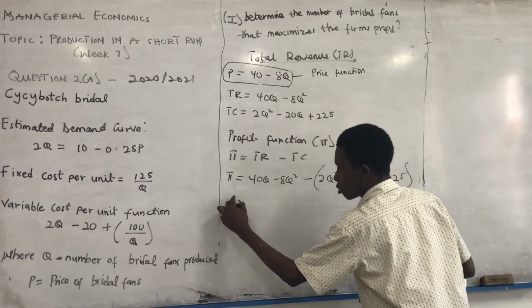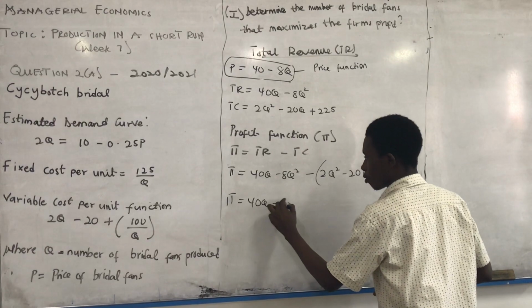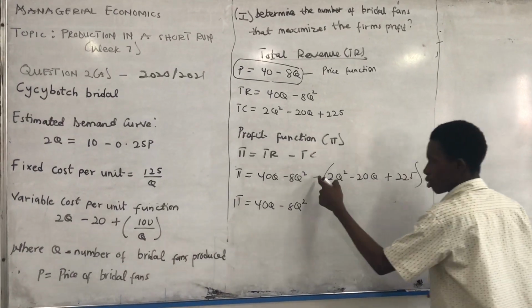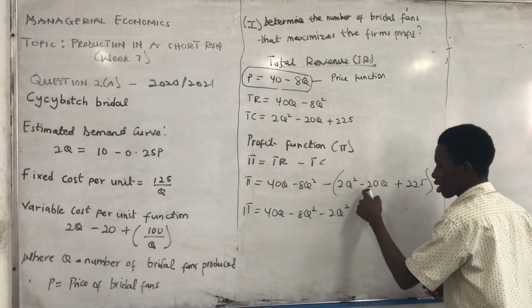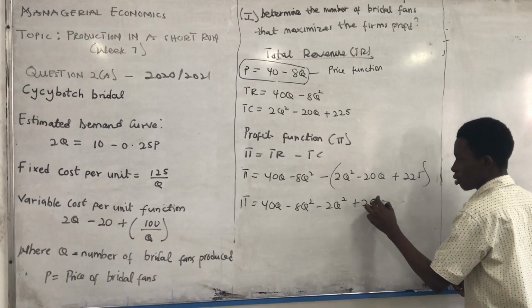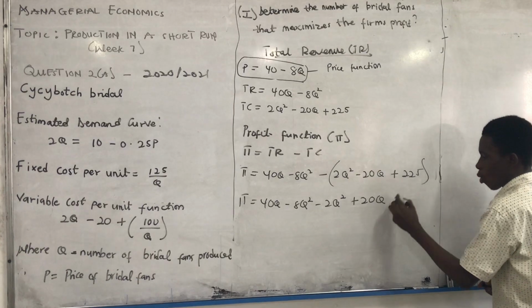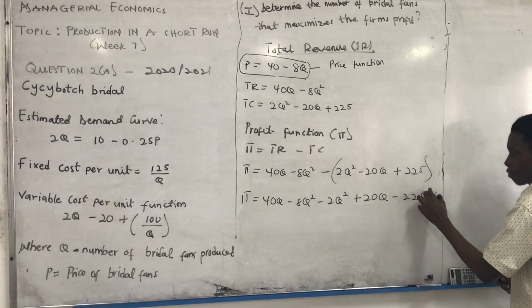Now let's solve it. 40Q minus 8Q squared. Negative 1 times 2Q squared is negative 2Q squared. Negative 1 times negative 20Q, and negative 225.